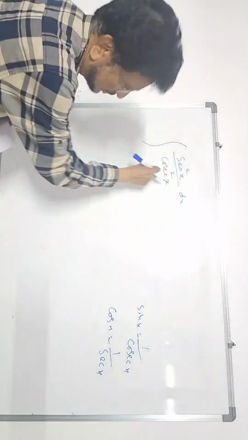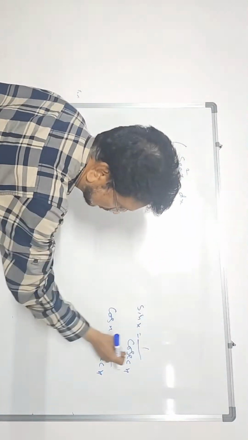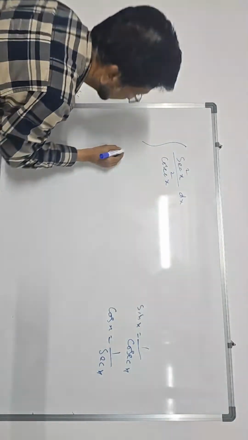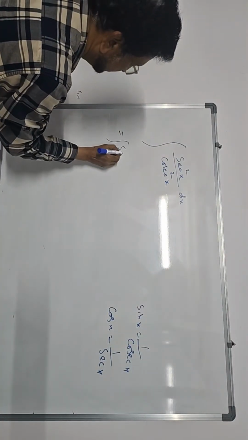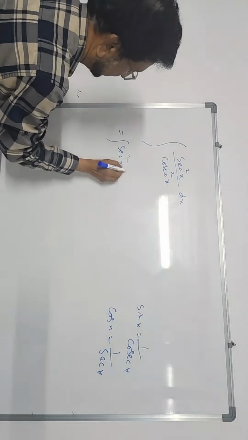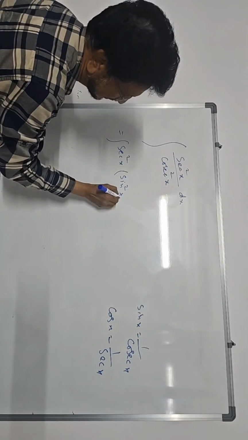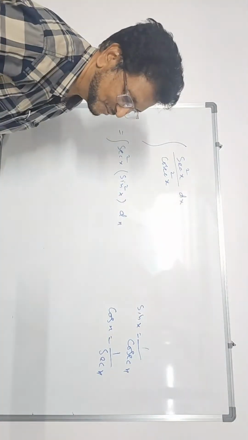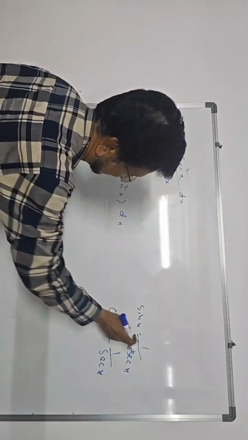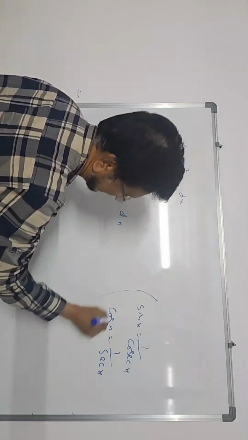Therefore, 1 by cosec square can be written as sin square. Therefore, I will write sec square x into sin square x.